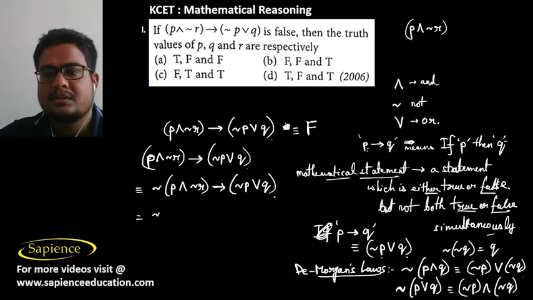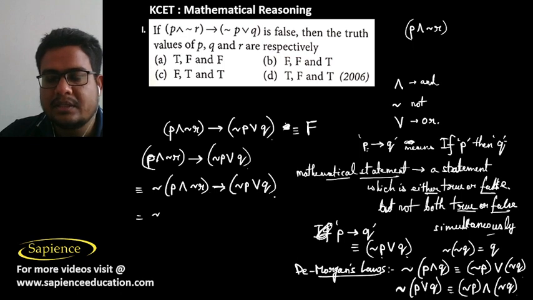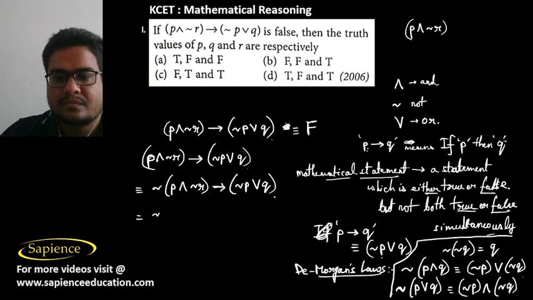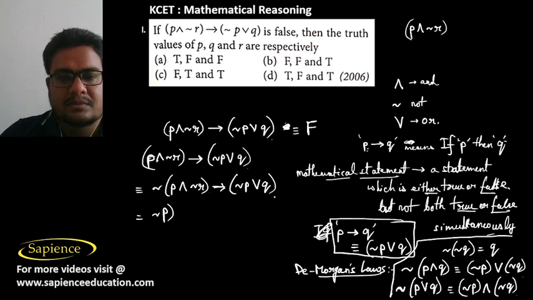The negation of any statement Q is the same as the statement itself. So these three laws we should use, and this is also a rule which we can use. So this we can write as not P. If we apply De Morgan's law, then it will be not P or not of not R, which is R.